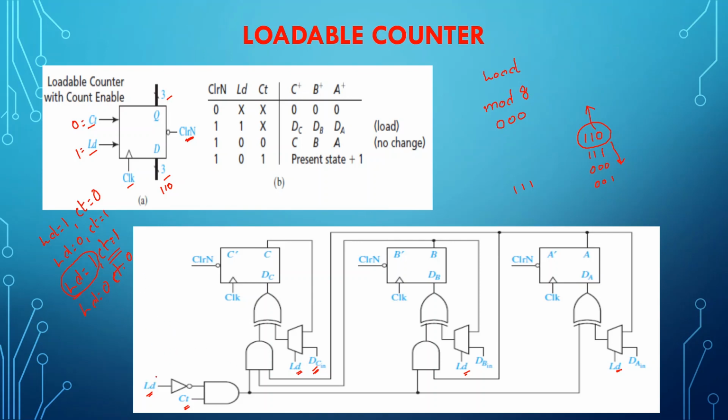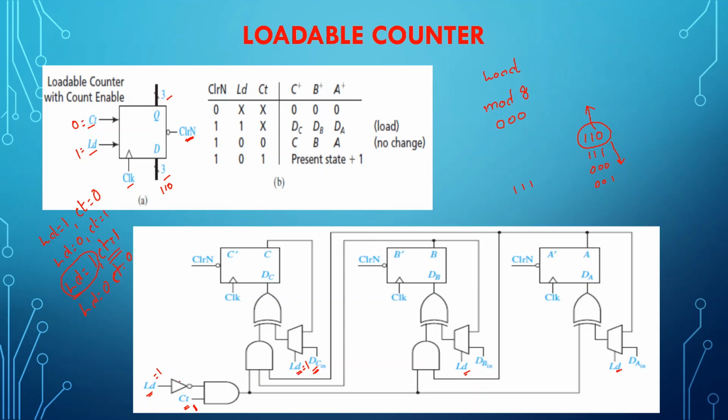When load and count both are equal to 1, if you're asking me, sir, how does this load override the count? You can see the same load signal here. So this load signal will make the data that is present here get loaded to the flip-flop it is connected to.